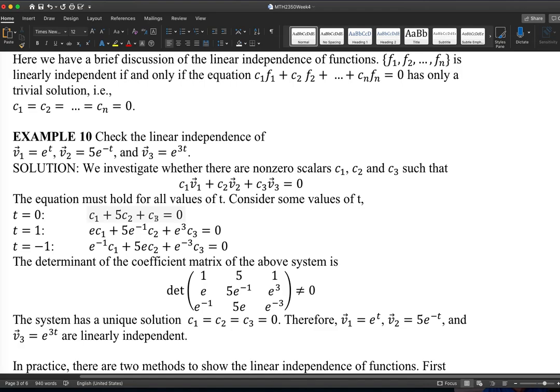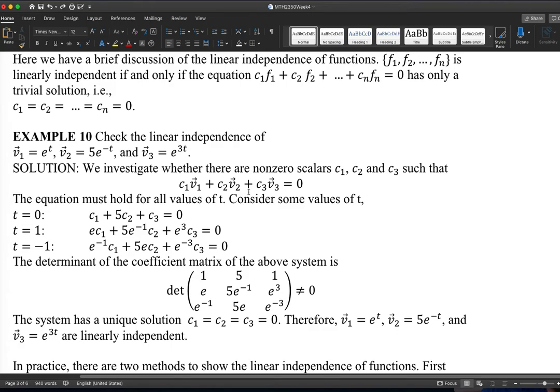And simply from the first equation, you cannot solve the system. You cannot solve C1, C2, C3. So I chose two other values for t: t equals 1, and also t equals negative 1. As I'm saying, the vector equation really represents a system.